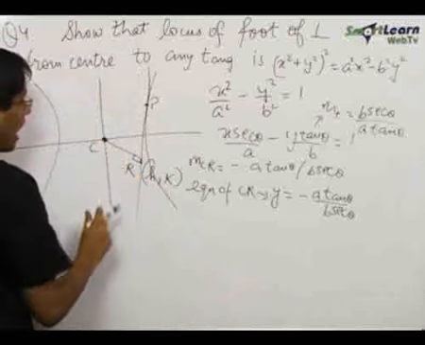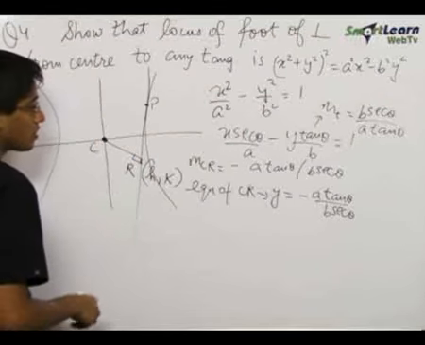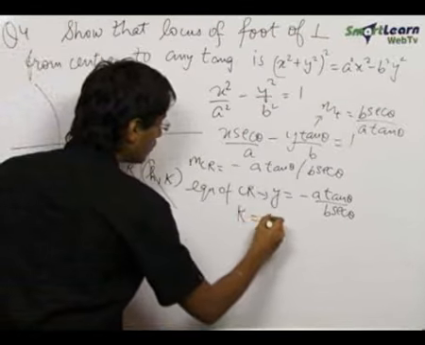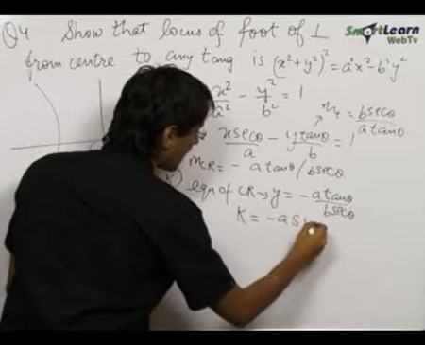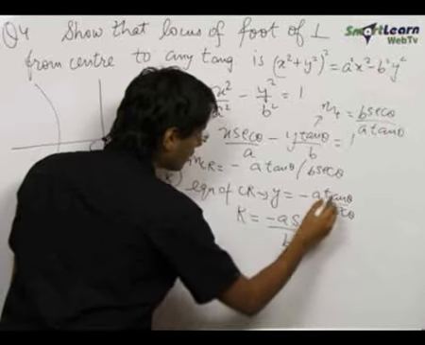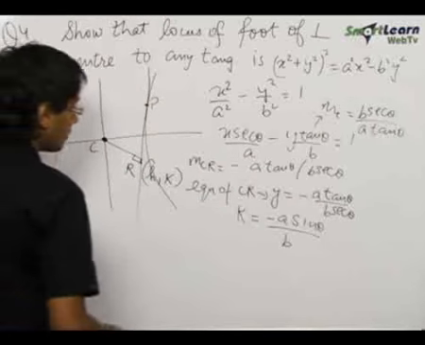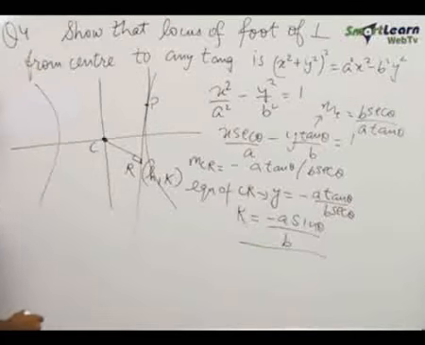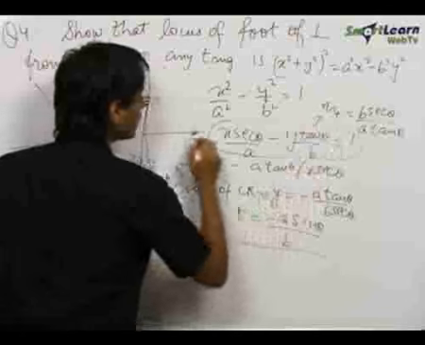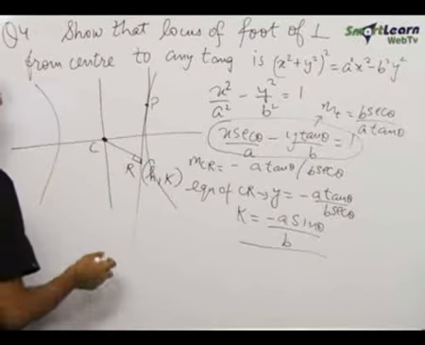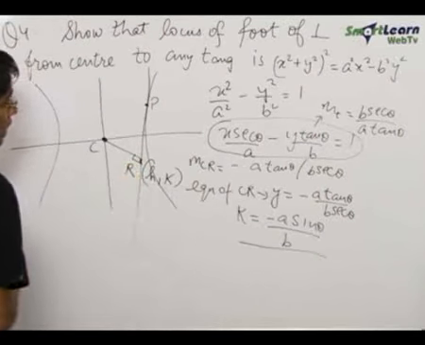And since the point R, that is h comma k, is satisfying this equation, we have k = −a sin θ/(b cos θ), and sec θ cancels. This is the equation of CR and this is the equation of the tangent, and we need to find the point of intersection, that is the locus of R.